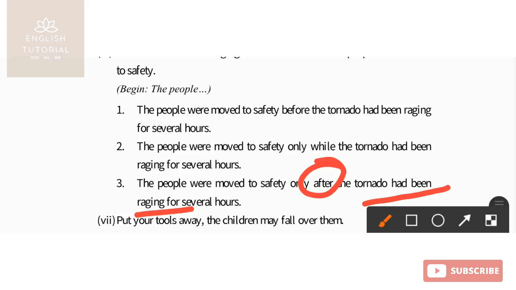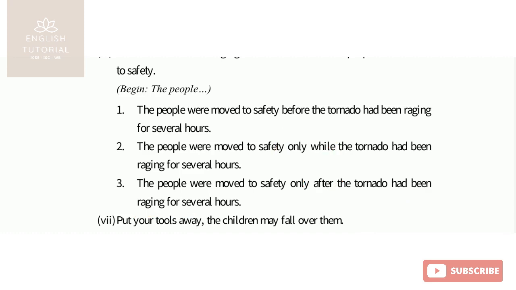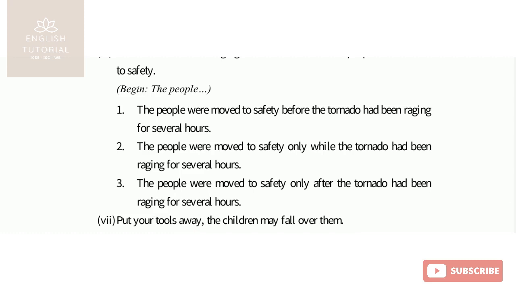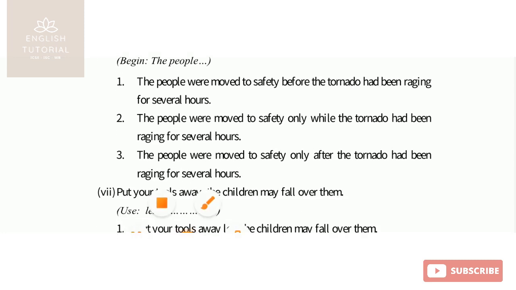But here, while means during the tornado, and it's not possible for people to be moved to safety during the tornado, in the passive sense. If you choose the after option, the logic is there, but grammatically it should be had raged, and the council hasn't given this type of sentence. But in a multiple choice question we need to choose the best answer given, so take 3 as the answer.